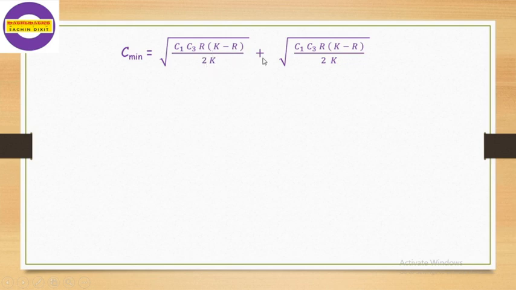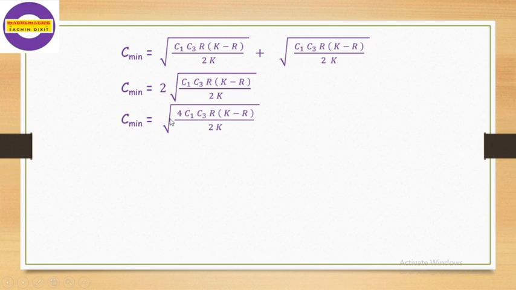divided by 2k plus under root of c1 c3 r into k minus r divided by 2k. Now both the terms are the same. So it will be C minimum is equal to 2 times under root of C1 C3 R into k minus r divided by 2k. Now transfer this 2 into the root sign. So its square is 4. So it will be C minimum is equal to under root of 4 C1 C3 R into k minus r divided by 2k.